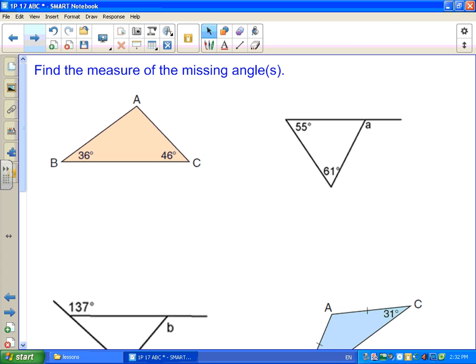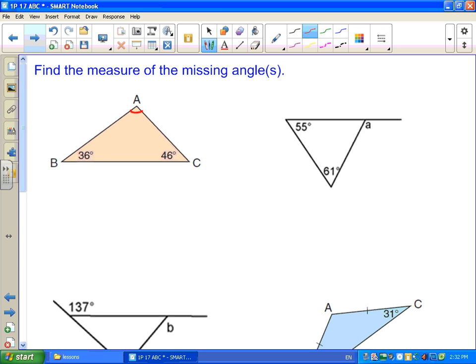I'll try each of these questions. So what is our unknown angle in this first one? What angle are we trying to find? We'll call it angle A, because it's up there. What do I know about these 3 angles in my triangle? Riley, what do I know about those 3 interior angles?